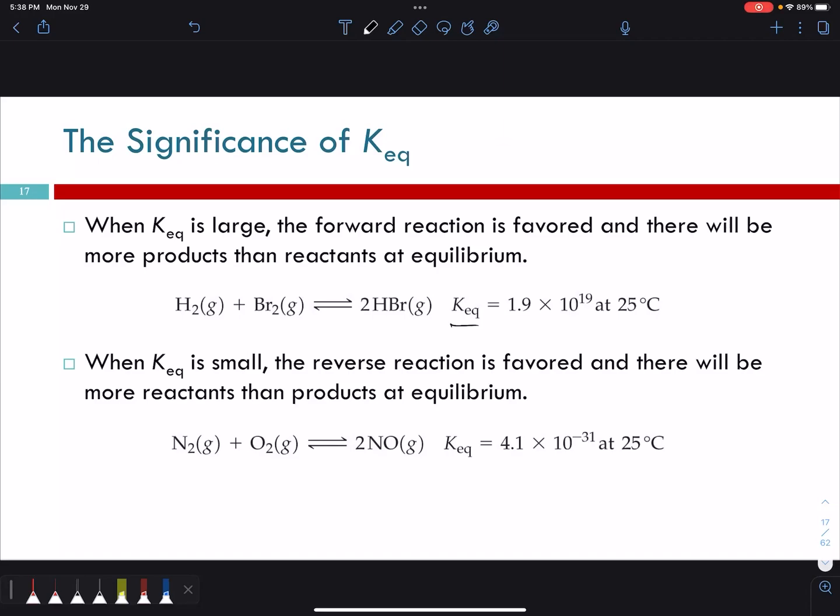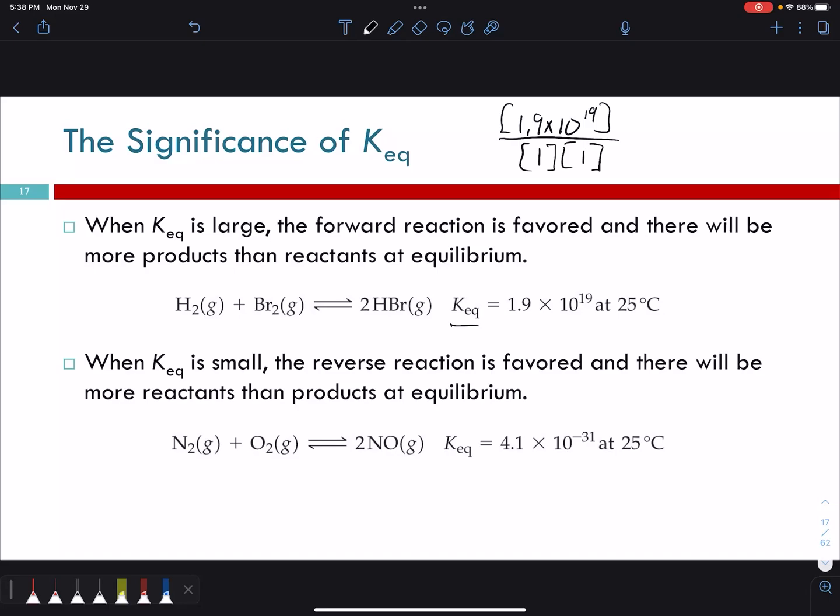Essentially what you're saying is, if you have a concentration of 1, units don't really matter, of hydrogen and of bromine, because they have to have a 1-to-1 to react together, you're going to have 1.9 times 10 to the 19 as your concentration of hydrogen bromide.